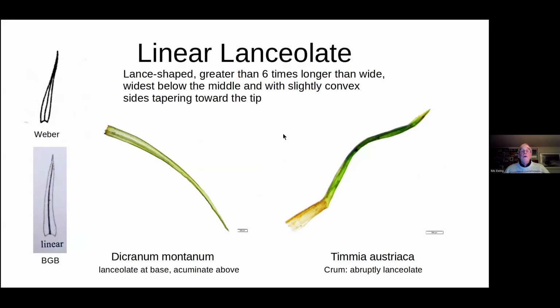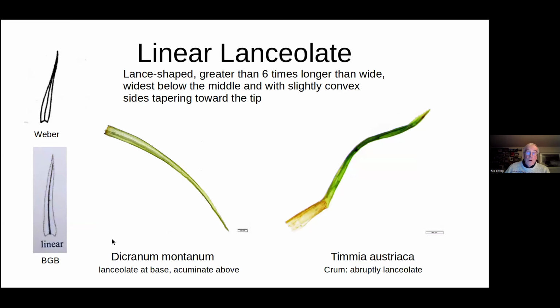Okay, moving along, the last kind of lanceolate is linear lanceolate, and that's lance-shaped, greater than 6 times longer than wide, widest below the middle, so you see it's down in here and down in there, with slightly convex sides tapering toward the tip.